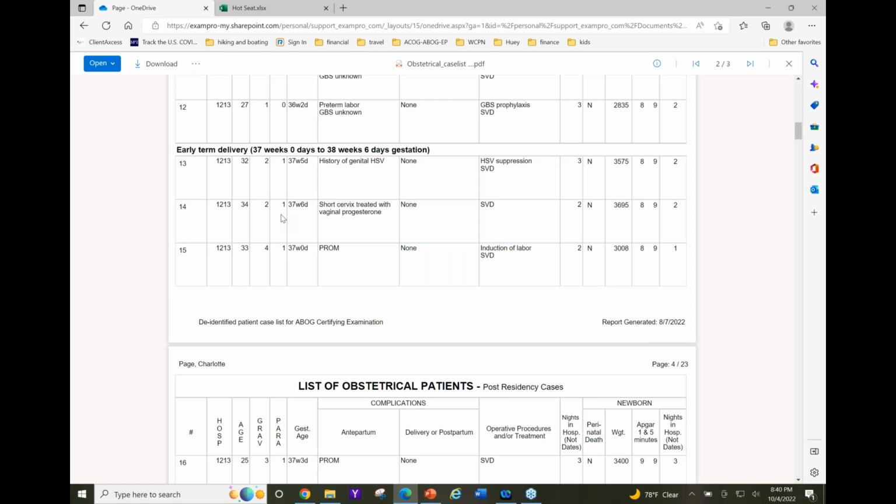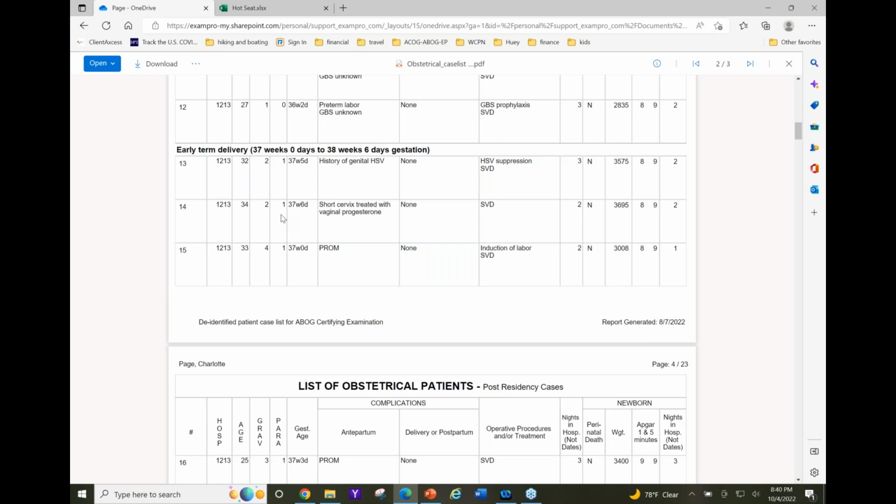If it were a history indicated cerclage, could do that around 12 to 14 weeks, or for someone with a prior preterm birth but no history of cervical insufficiency and then a short cervix, we place it at the time of diagnosis if that's prior to viability.